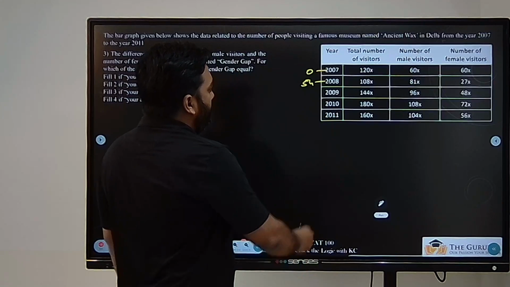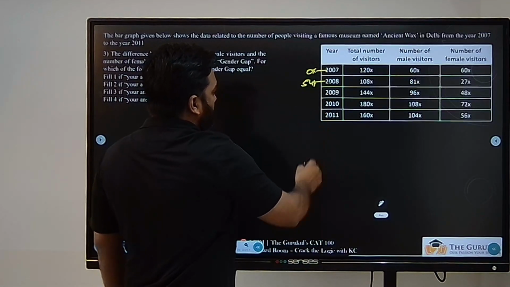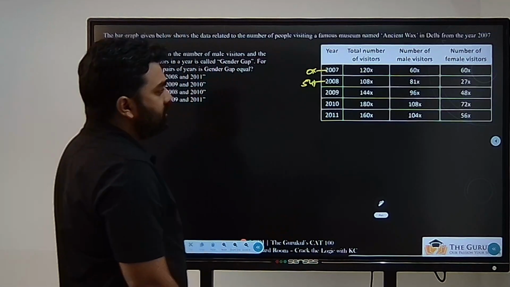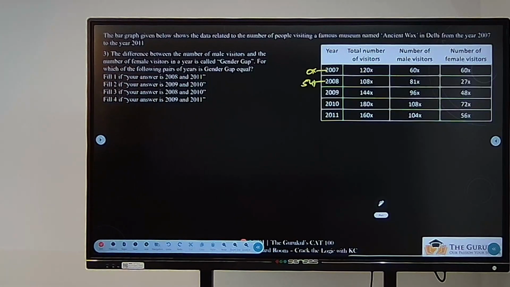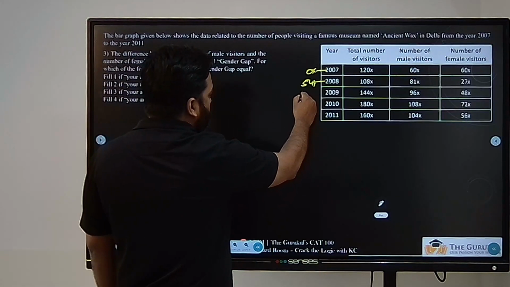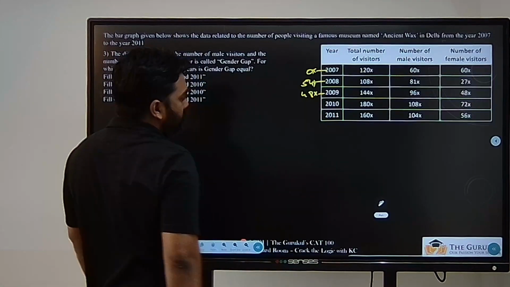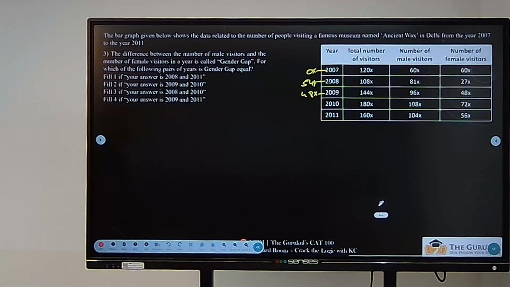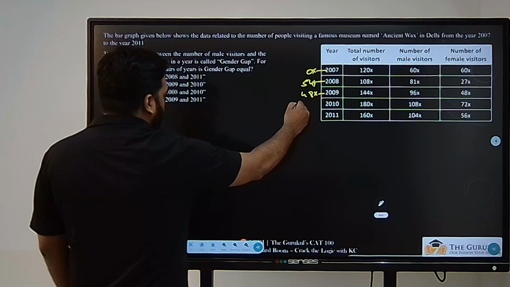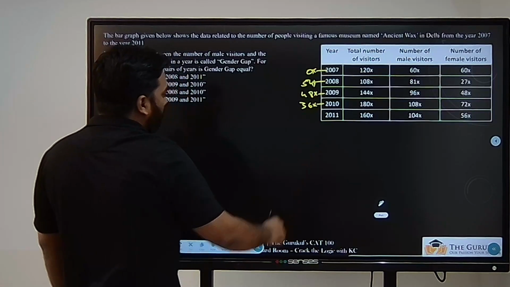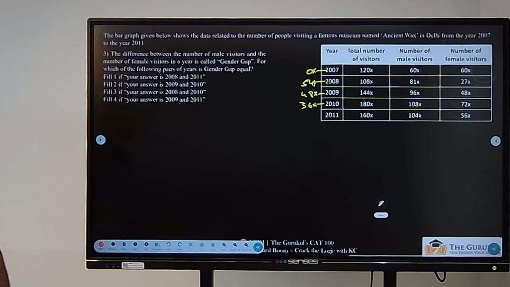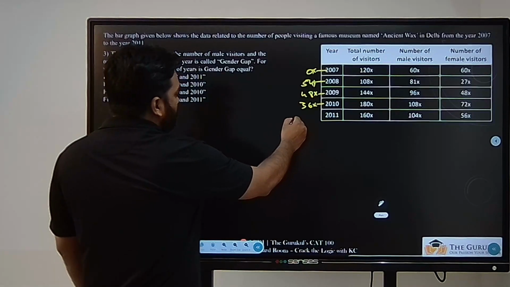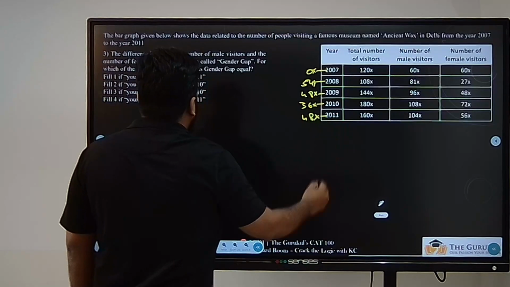That is the gender gap. 54x. Next, 96 and 48. What will be the difference? Perfect. 48x. Next, 108 and 72. Yes, this will be 36x is the gender gap. 104x and 56x. Yes, this will be 48x again.